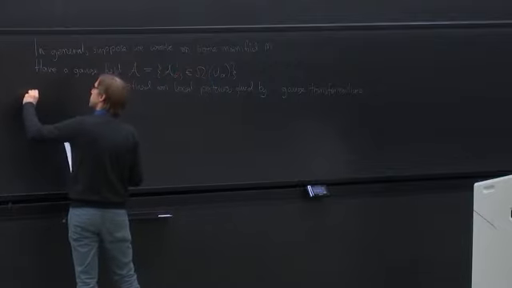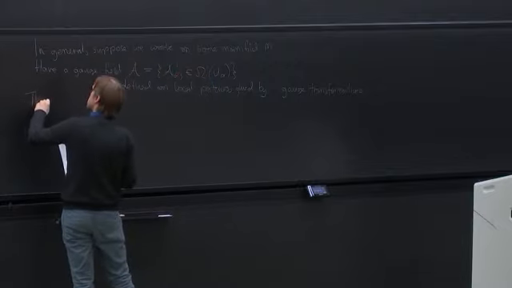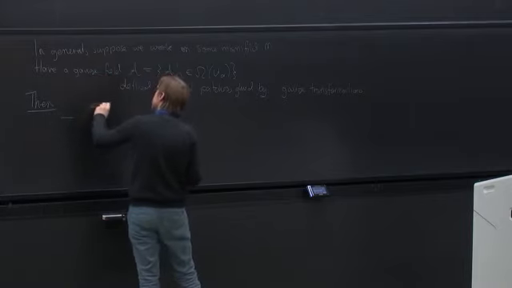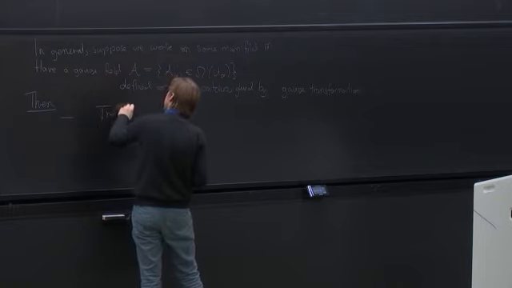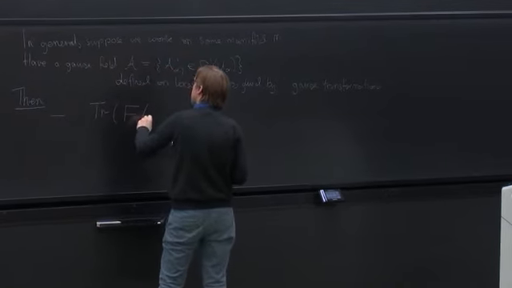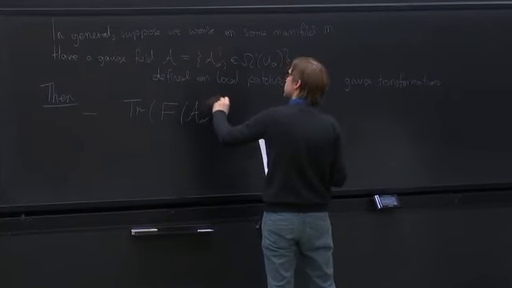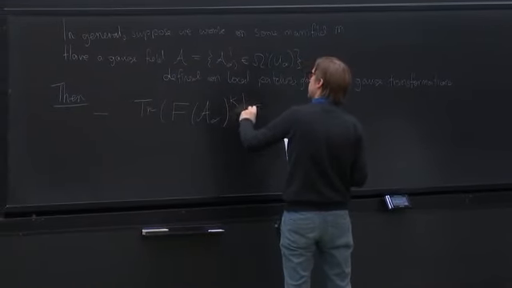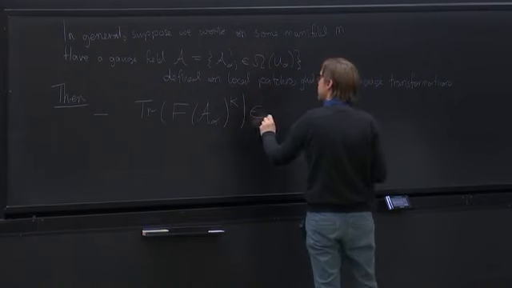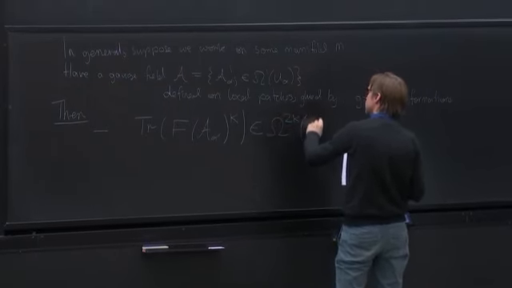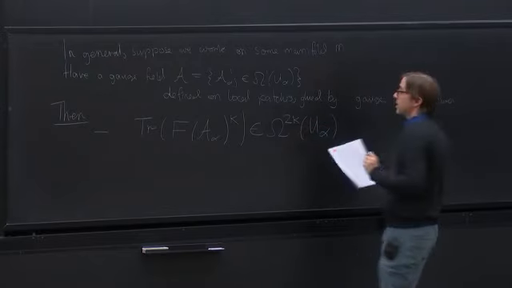Then, firstly, I can consider the trace of the curvature of each A^alpha to the power k. This is a 2k form on each U_alpha.